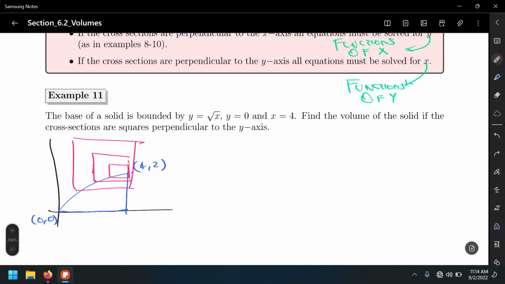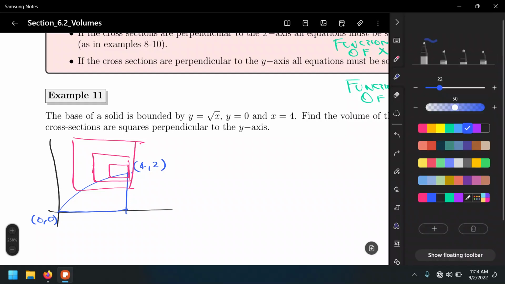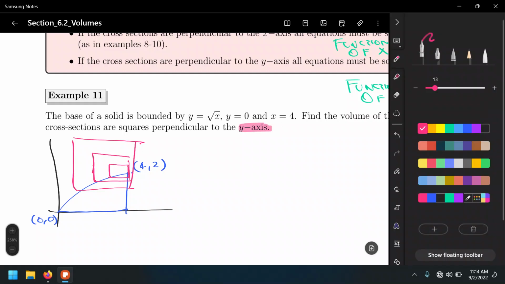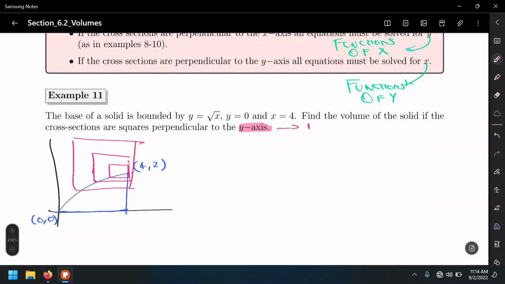When it comes to setting up the integral, we need functions of y, exactly.